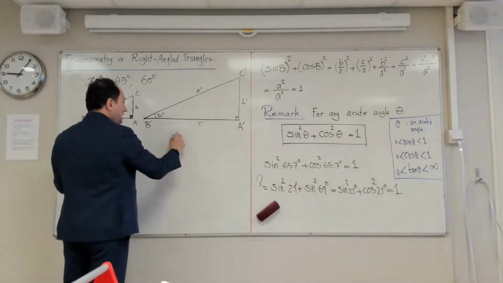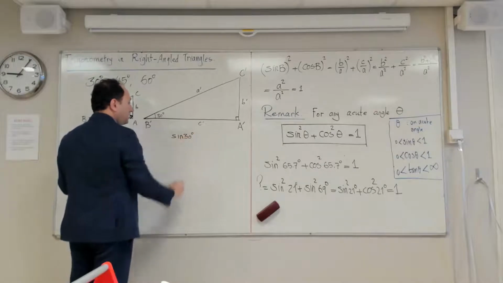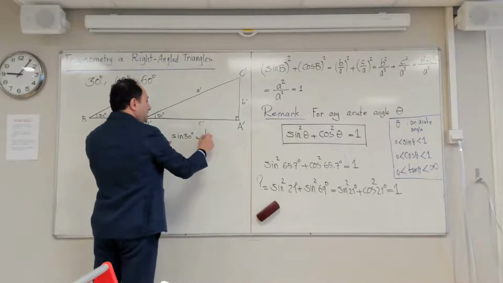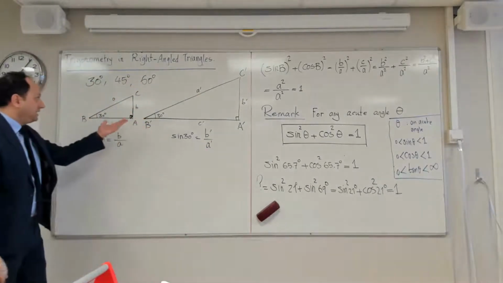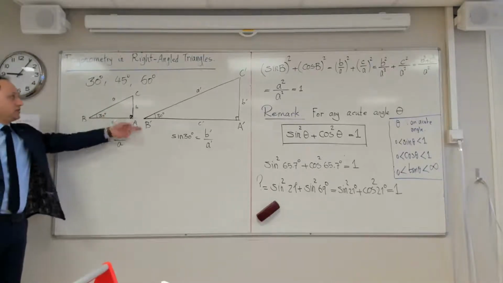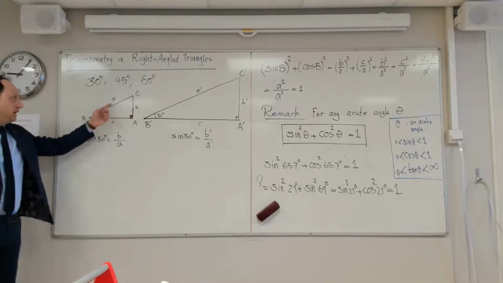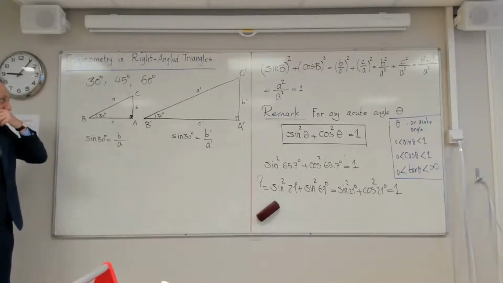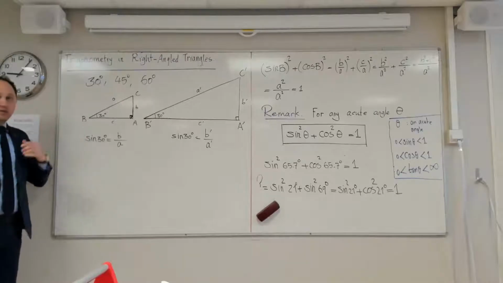Then that person will calculate sine of 30 degrees by writing the opposite side divided by the hypotenuse. But at least intuitively it is clear B is much smaller than B prime, A is much smaller than A prime. Okay? So how do you solve this problem?